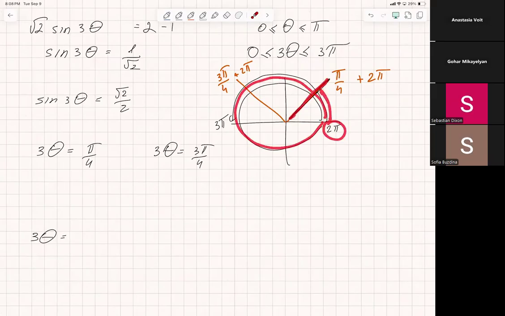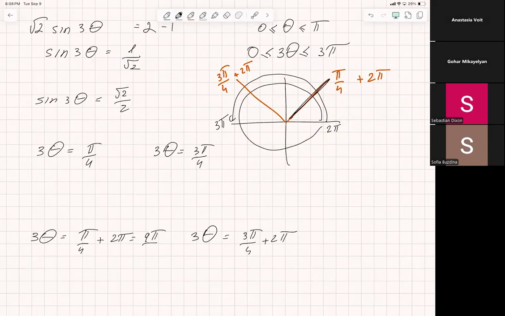So that would be pi over 4 plus a cycle, right? So it's going to be pi over 4 plus 2 pi. And the last one would be 3 theta equals 3 pi over 4 plus 2 pi, which makes it what? 9 pi over 4, and this one would be 11 pi over 4, right?